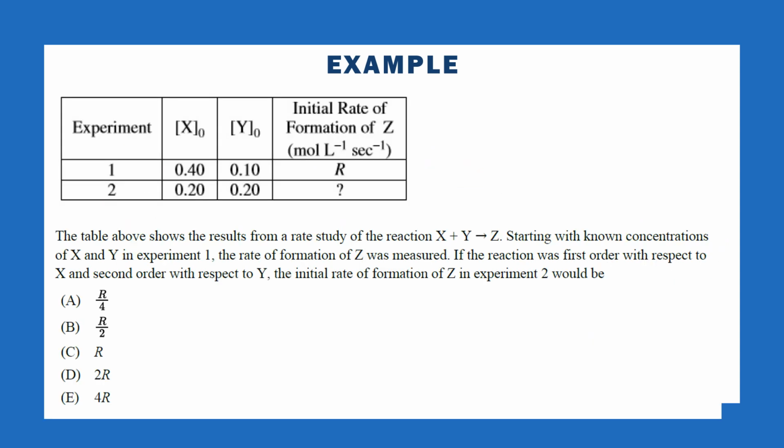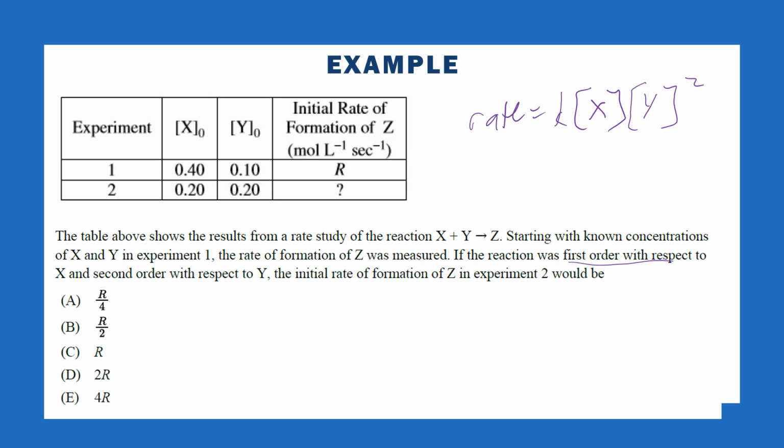So for this question, they give us an experiment, or 2 different trials of an experiment with different concentrations of X and Y, and then you're measuring the rate of formation of Z. It tells us the reaction was first order with respect to X, so for our rate law, it would be X like this, and then second order with respect to Y, like that. And then they want you to find the unknown rate in terms of R for the first one.